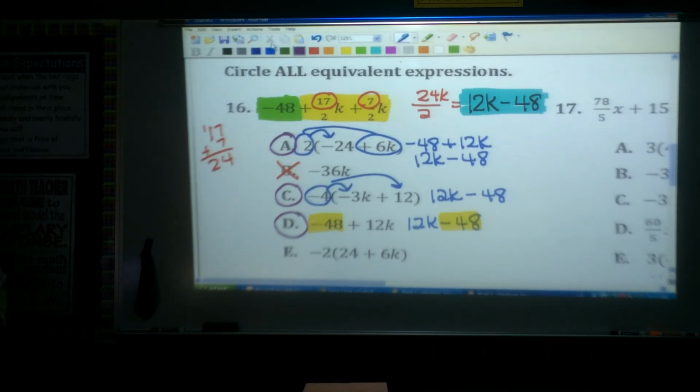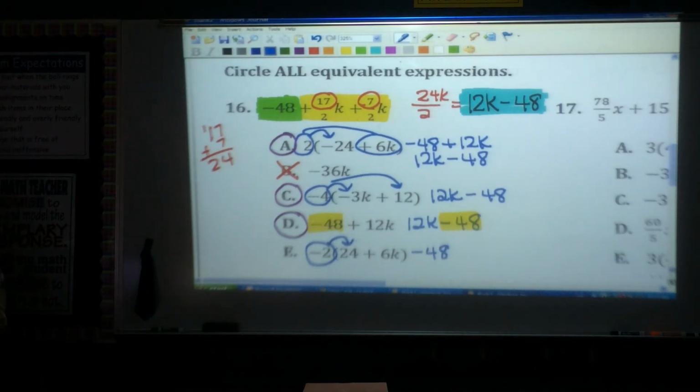Then on answer E, we have negative 2 times 24, which is negative 48. And we have negative 2 times 6k, which is negative 12k.